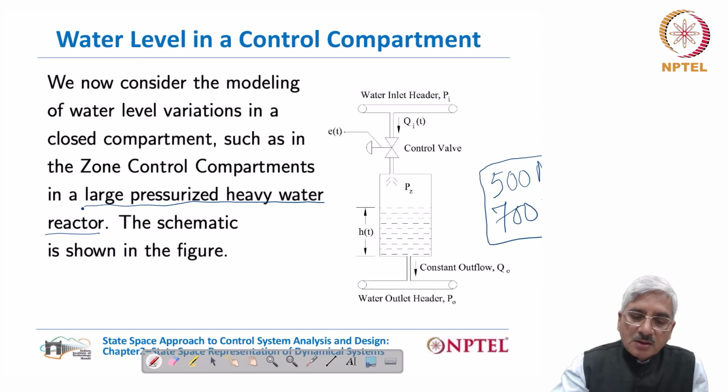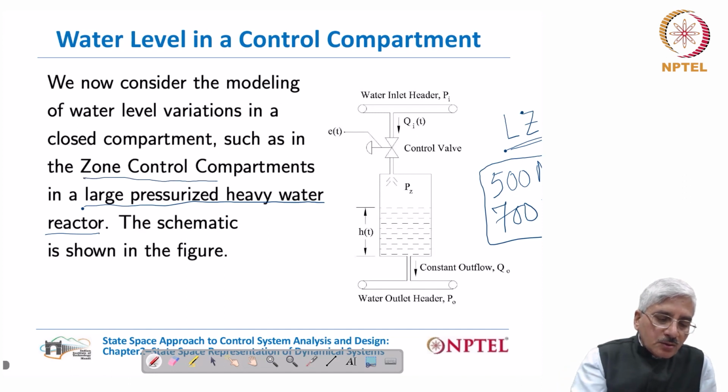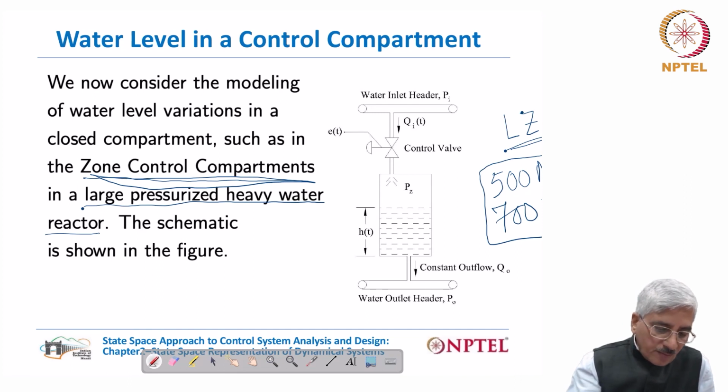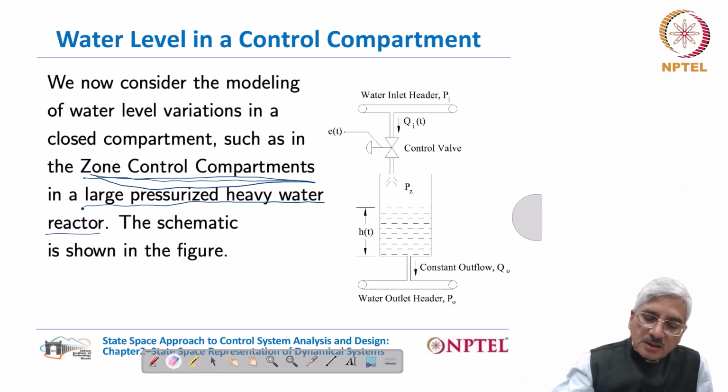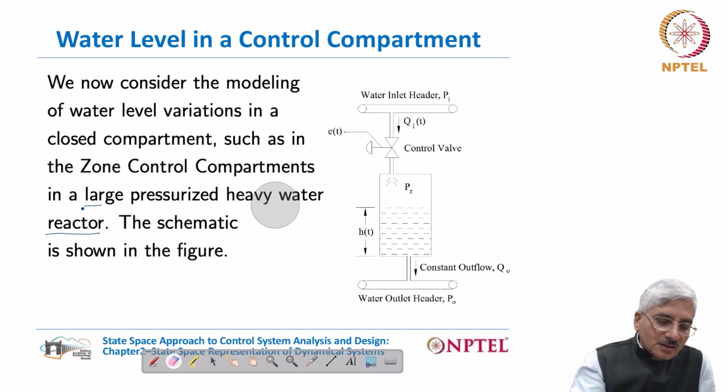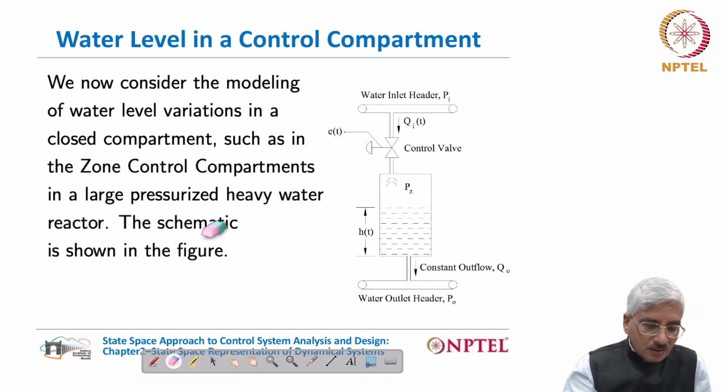These reactors use a system called the liquid zone control system for regulation of power and power distribution in the reactor. And this system consists of zone control compartments. One of the zone control compartments is shown here in this slide, on the right.